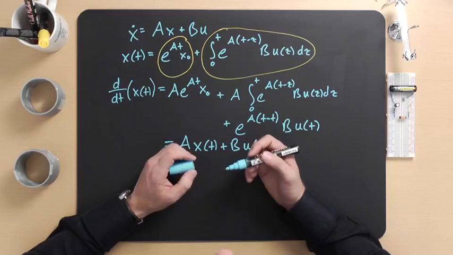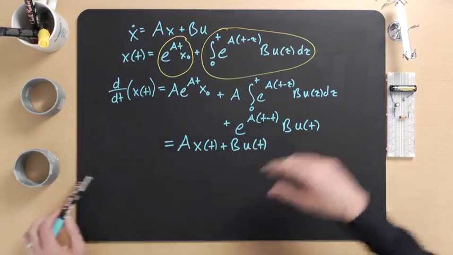What does this equation mean? First, it means that we can separate the effect of the initial condition from the effect of the external signal. Secondly, it means that we have superposition for external signals. If I give you two signals, u1 and u2, you can find the state trajectory for each one and then add them to find the state trajectory for u equals u1 plus u2.